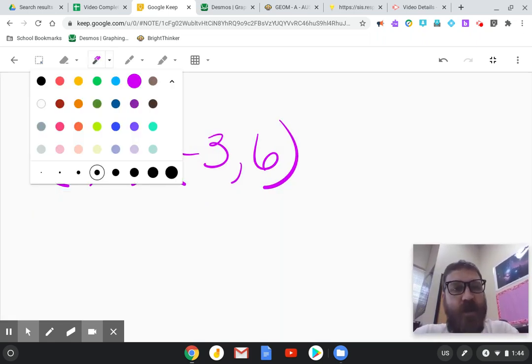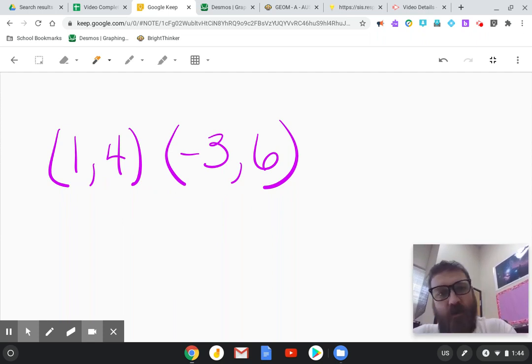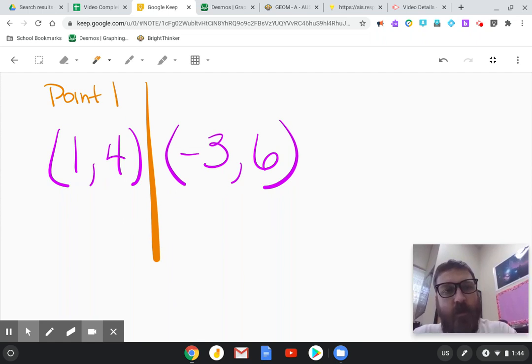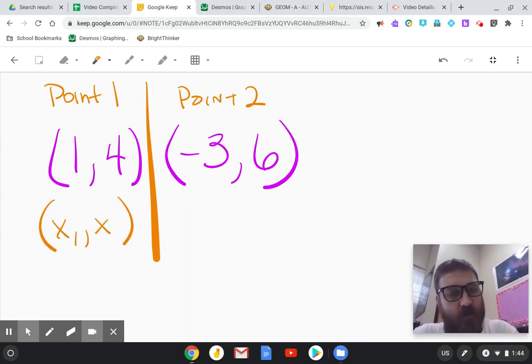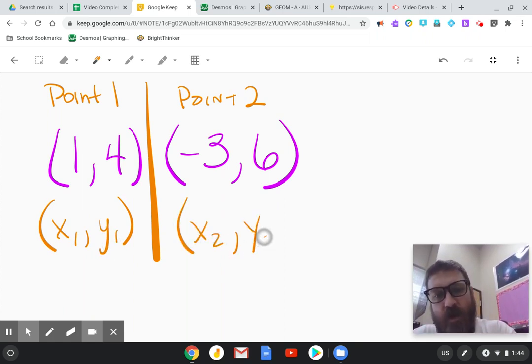The first thing you have to understand is that when we see these 2 points, we are going to think of one of them as point 1 and one of them as point 2. The coordinates are going to be counted as x1, y1, and x2, y2.